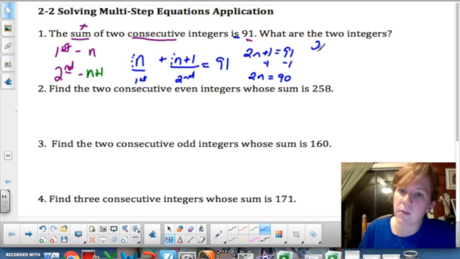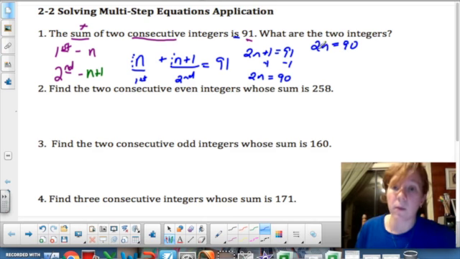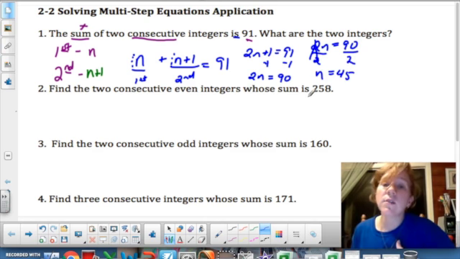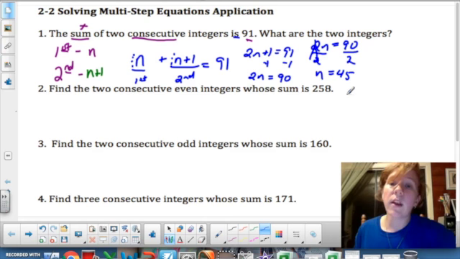Then I'm going to come over here because I'm out of room and rewrite my equation because that's just good form. I've got a 2 being multiplied by n, so I'm going to divide by 2 on both sides of my equation. Those cancel, and I'm left with n equals 90 divided by 2, which is 45. So I'm almost done. You're tempted, I know, to just box that in and say, okay, I'm good.